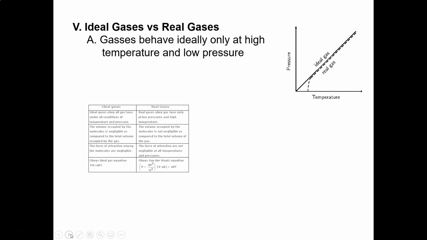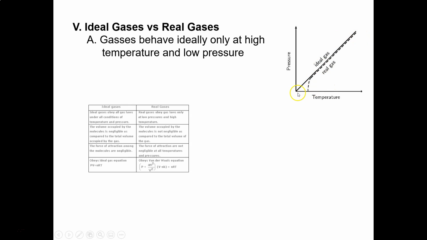So, ideal gases versus real gases. What are the differences? There are a few different types of differences. The first one being that gases behave ideally only at high temperature and low pressure. If you take a look at this graph, you'll find that the ideal gas is this line right here, and it has a nice direct relationship at all ranges of temperature.